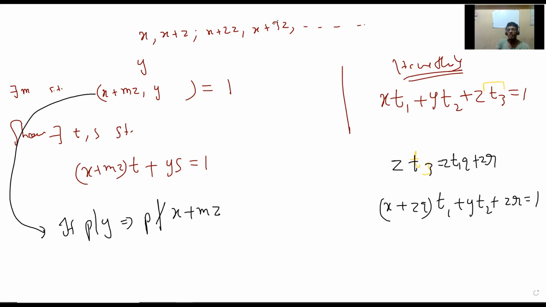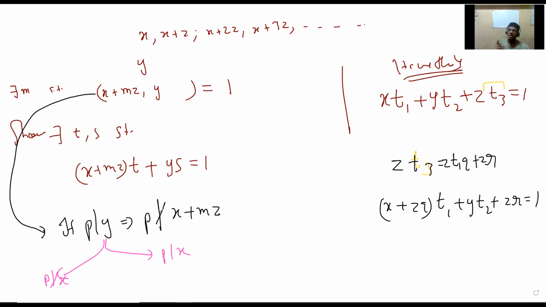Now, this basically has two cases, right? One case is P divides X and the other case is P does not divide X. So try to at least do one of the cases. How would you avoid that prime?